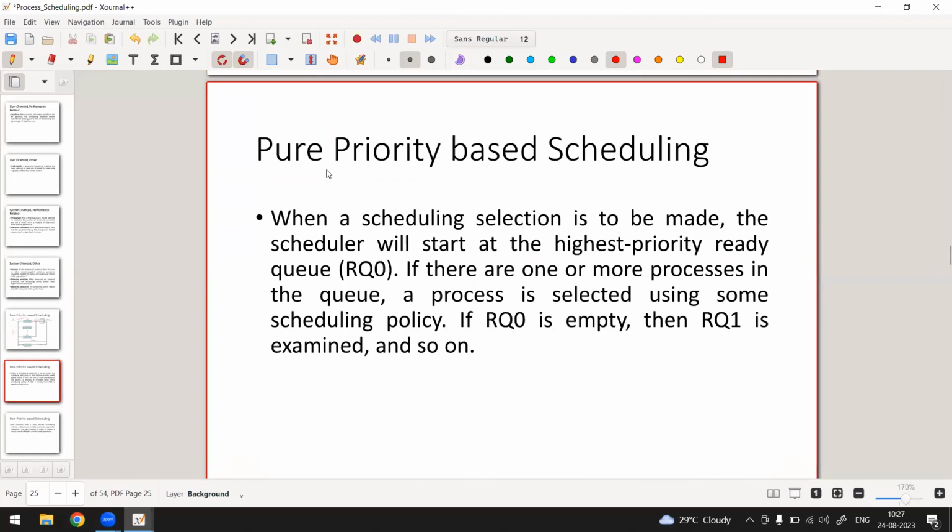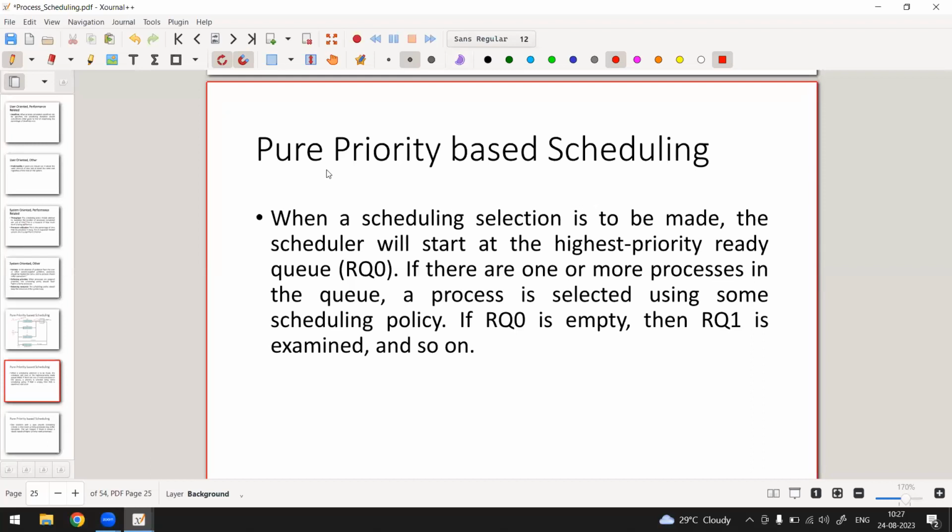Now you'll see the text description, and we'll also see the problem with pure priority based scheduling. When a scheduling selection is to be made, the scheduler will start at the highest priority ready queue. Let's say it is RQ0. If there are one or more processes in the queue, a process is selected using some scheduling policy. If RQ0 is empty, then RQ1 is examined and so on.